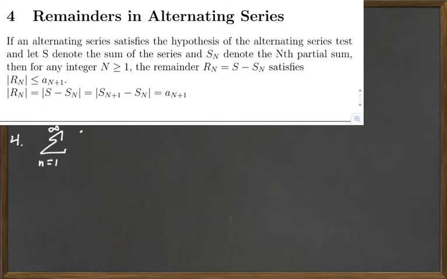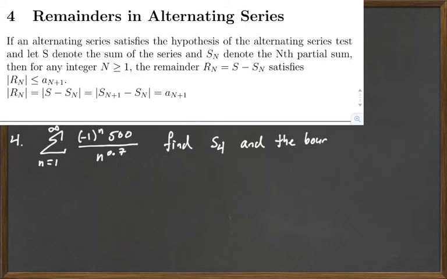So let's look at the sum n equals 1 to infinity of negative 1 to the n times 500 all over n to the 0.7, and we're going to find S of 4 and the bound for the error.